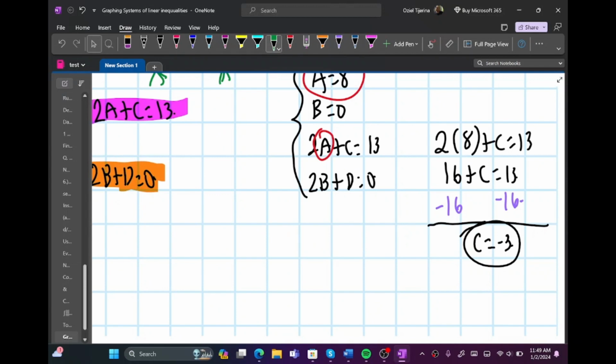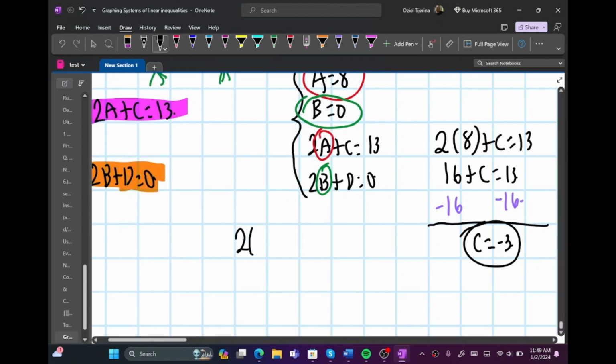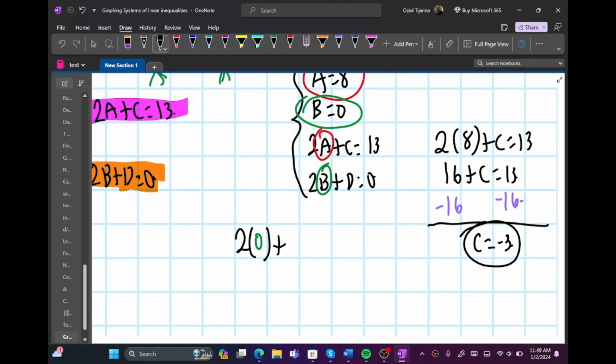Substitute b is equal to 0 into this equation. So when b is equal to 0, we get 2 times the quantity 0 plus d equals 0, which is 0 plus d equals 0, which is d is equal to 0.